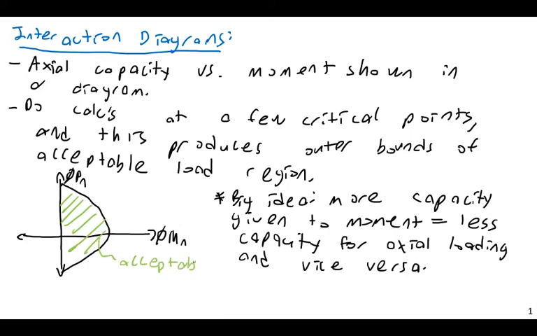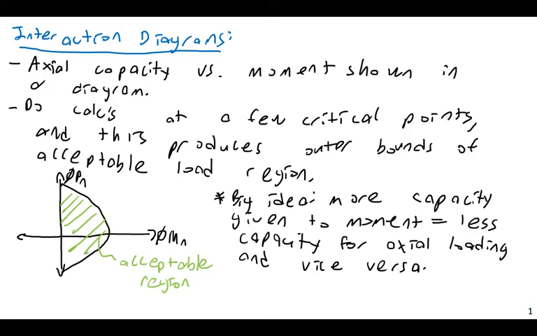So look at this curve, for example. At this point here, we're right on the phi Mn axis. What this represents is the axial capacity of the column at this point, and the axial load capacity would just be 0.